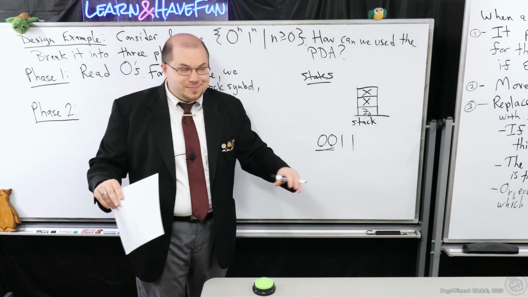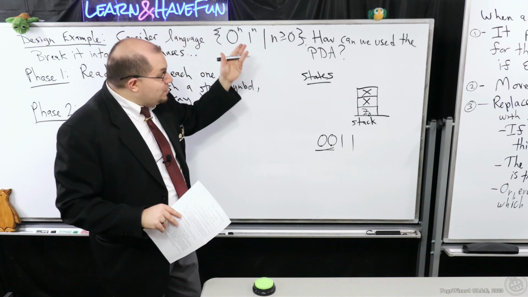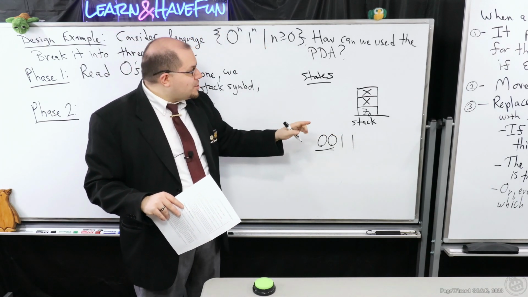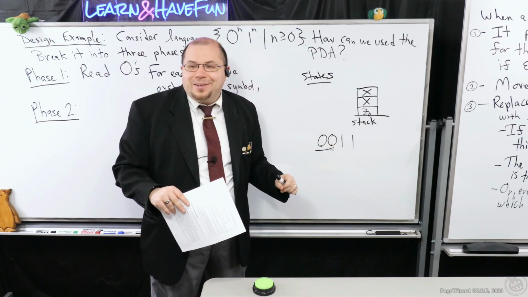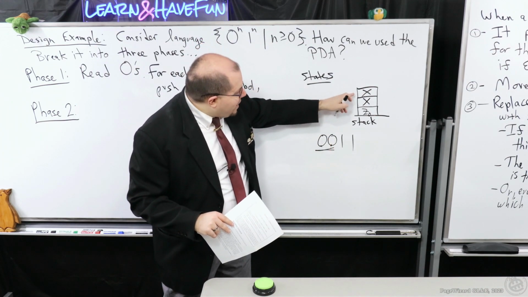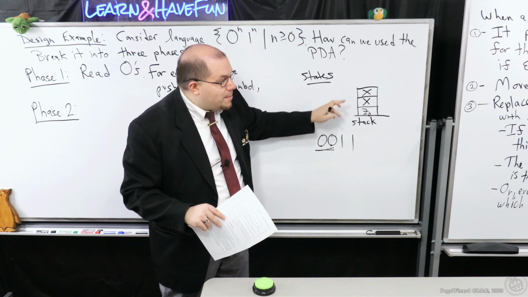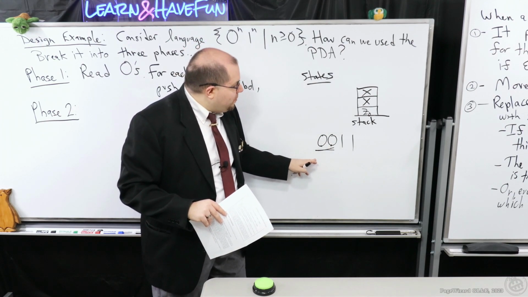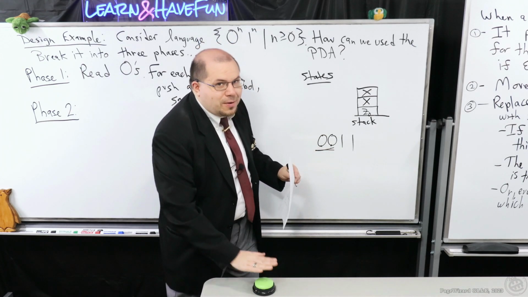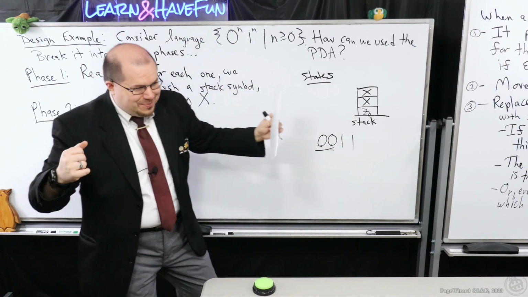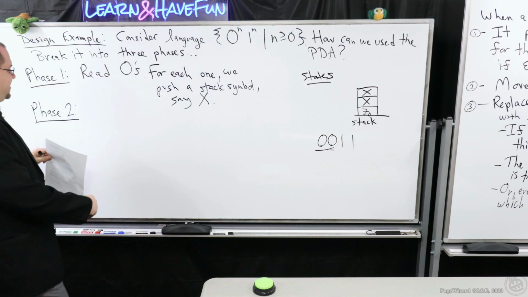No X's. If you look at how the stack works, what we're doing is keeping a count of how many zeros we've read. Does everybody see that? The number of X's that appear on the stack is the number of zeros. So for every single zero, I need to do what? It's poppin' time. You got to pop those X's.